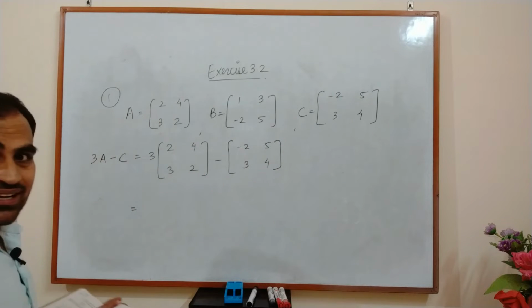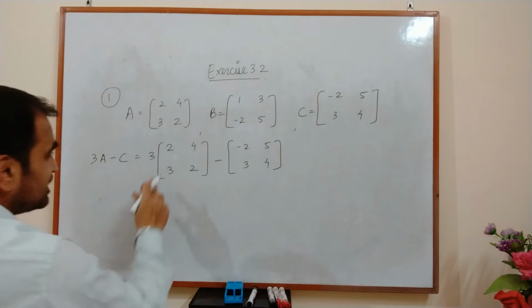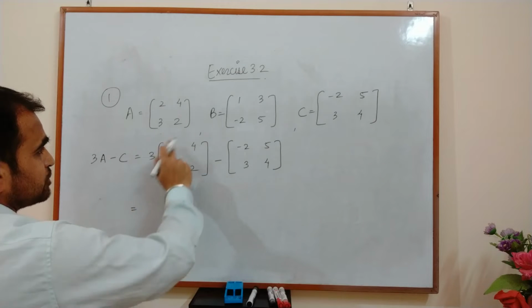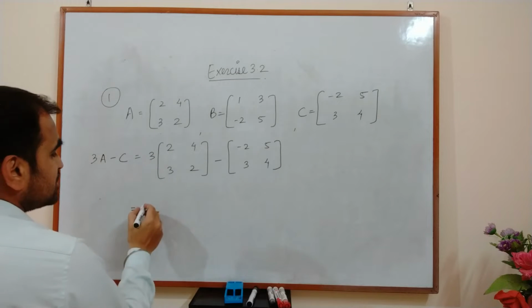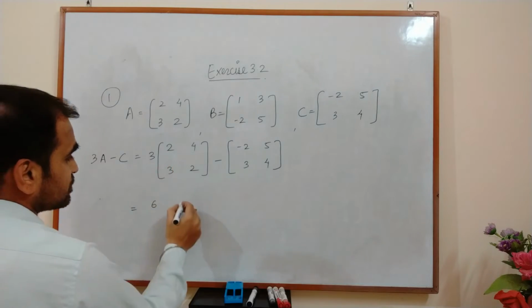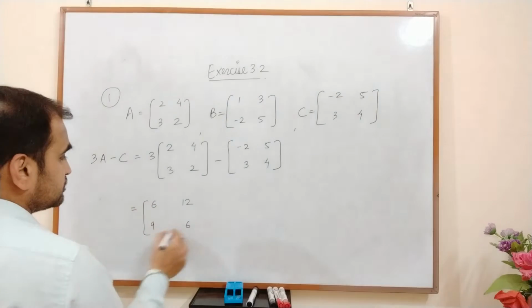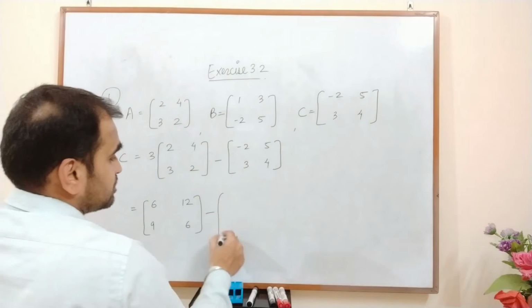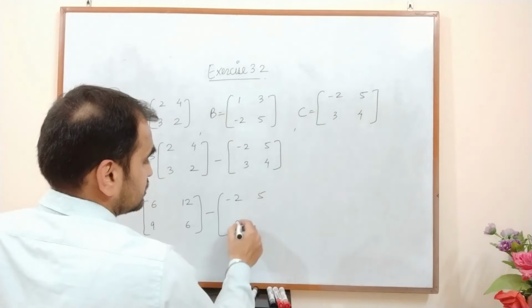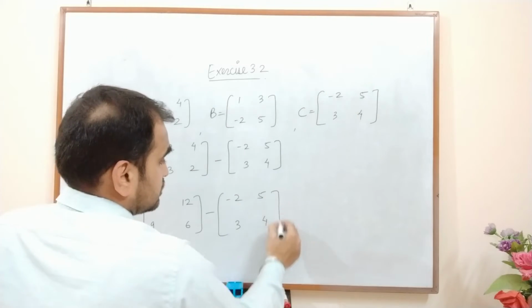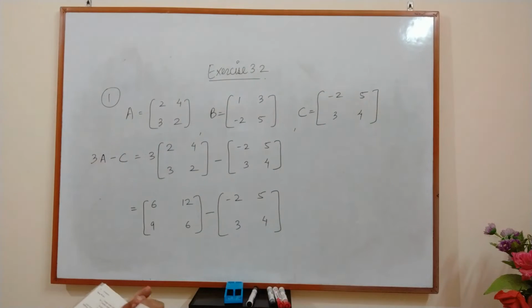How to perform the scalar multiplication? That is very easy again. Just multiply all the elements of matrix A with the scalar 3. So you will get 3 twos are 6, 3 fours are 12, 3 threes are 9, and 3 twos are 6. Then perform the subtraction operation. It can be done very easily now.